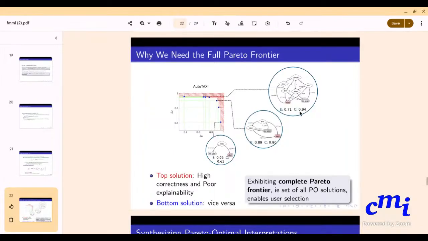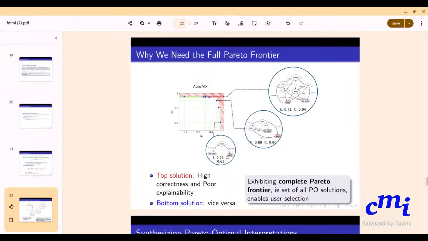This is the one which has the maximum combined weight, at the topmost corner. And the bottom solution is vice versa: it has high explainability but low correctness. So now we need to exhibit all the Pareto solutions so that the user can choose which one to focus on.